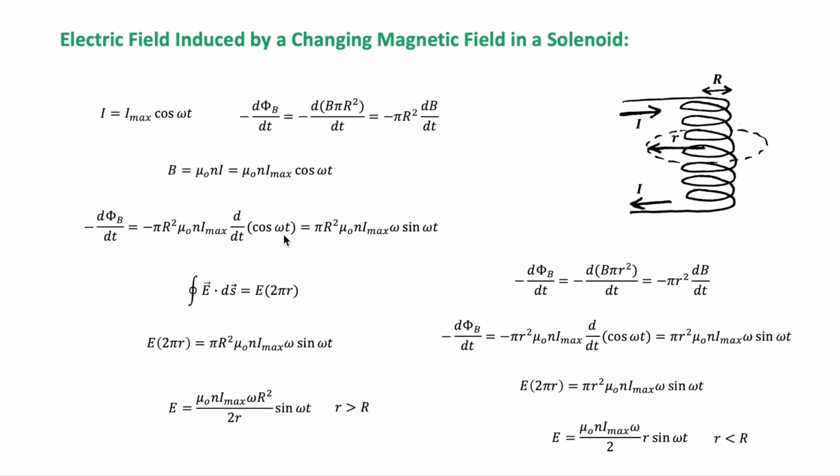So we differentiate: the derivative of cosine ωt is minus ω sine ωt. And the closed integral of E dot ds around this path is E times 2πr.